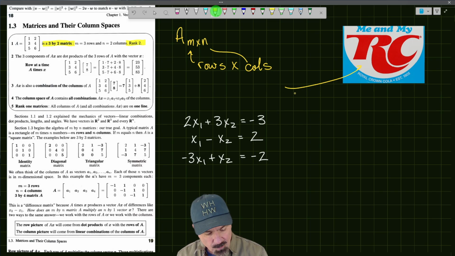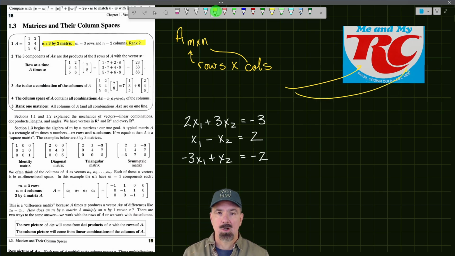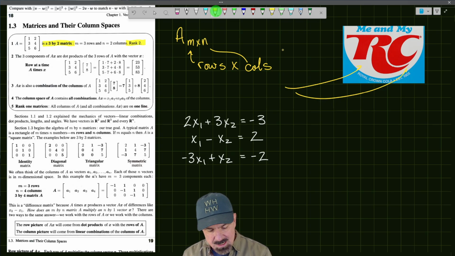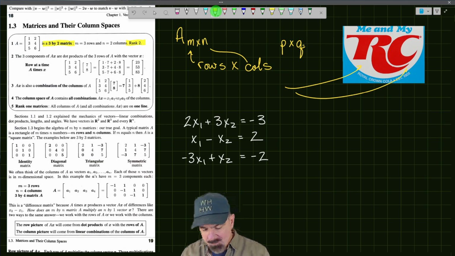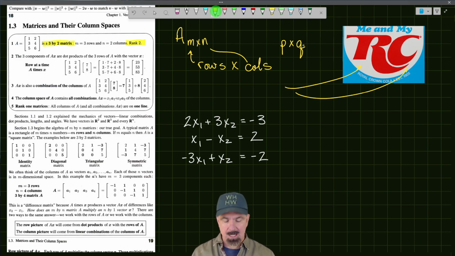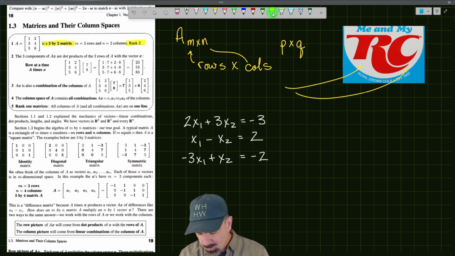That's the reason for the RC cola that we're using here. M and N are not unique. You will see some texts or references that will use P by Q. It's always the same: always rows and then columns. That's the standard way to reference the dimensions of a matrix. The conversation about rank we'll have a little bit later in today's lesson.